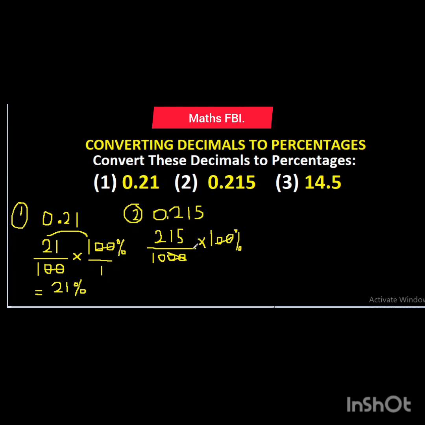So we are left with 215 times 1 equals 215. We have the percentage symbol there, 215%, over 10 left here, right?